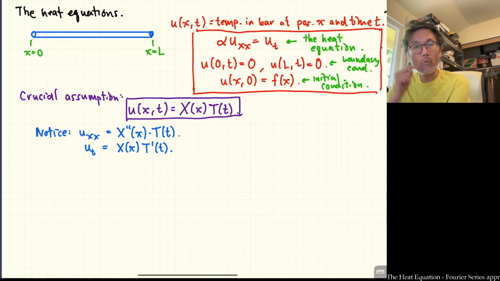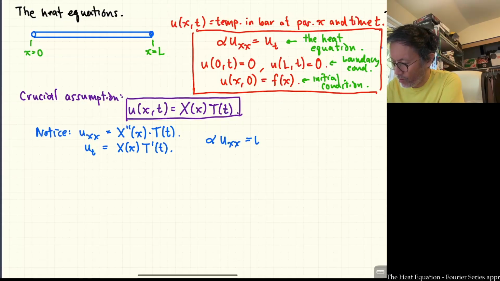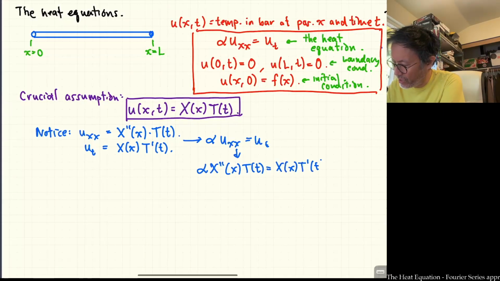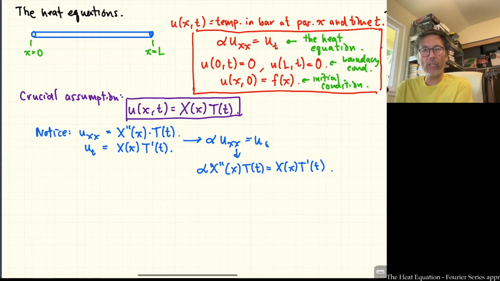Great. So we plug all of this into our heat equation. All this data goes into the heat equation, and what we learn is that alpha times X double prime of x times T of t is equal to X of x times T prime of t. Very straightforward so far. Hopefully all of this is understandable.